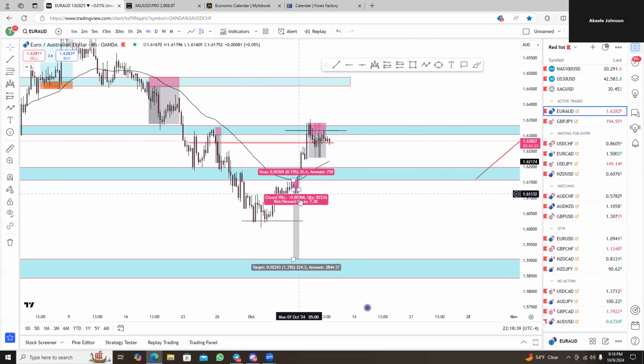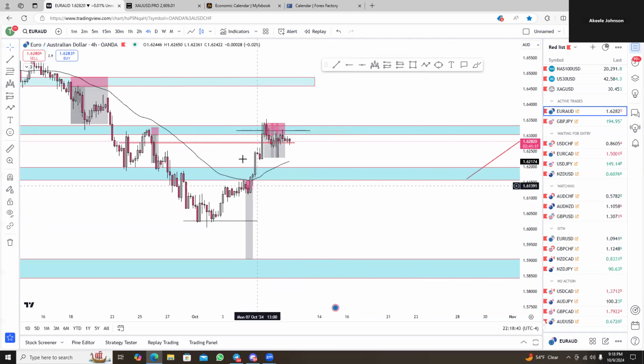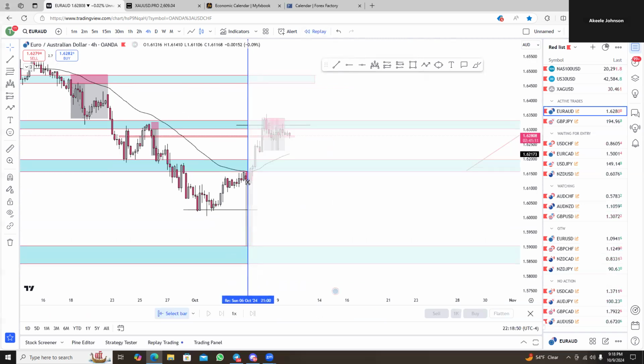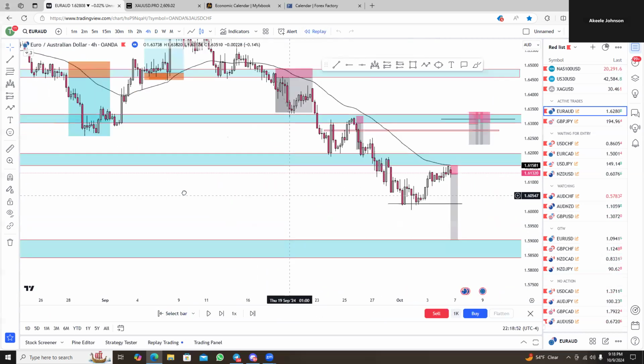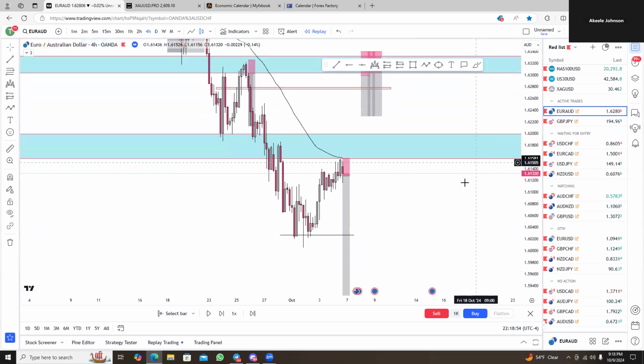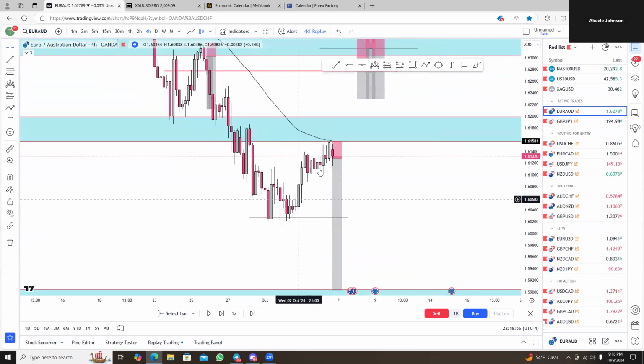Push, right? And we look at this one, we took the loss on this one. Why did we take this trade? Well, because this is what we saw. We saw a bullish trend, right? But we also saw a 4-hour EMA.